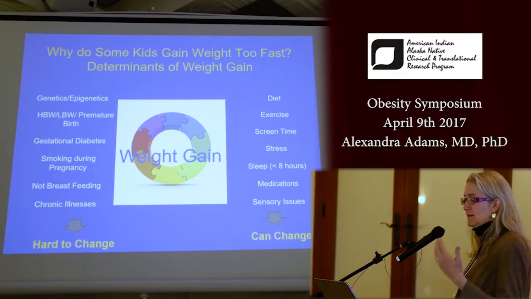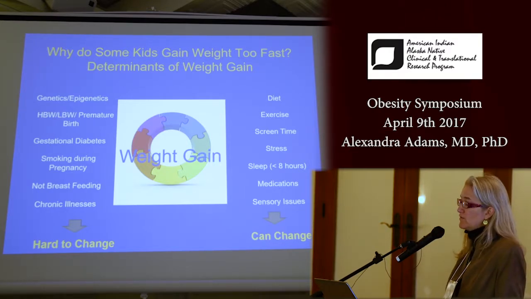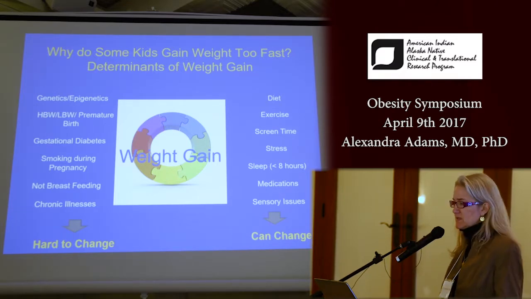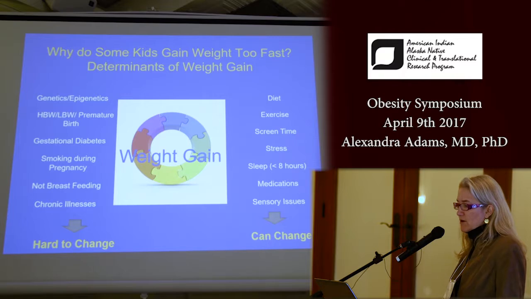Smoking in pregnancy, we found at least a 1.3 to 1.4 increased risk of later obesity in mothers that smoked in pregnancy. Not breastfeeding, and then chronic early childhood illnesses such as asthma and lots of steroid bursts can all really affect early onset and significant obesity in children. Those things are more difficult to affect and to change, but need to be looked at.